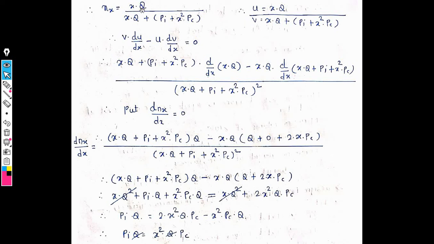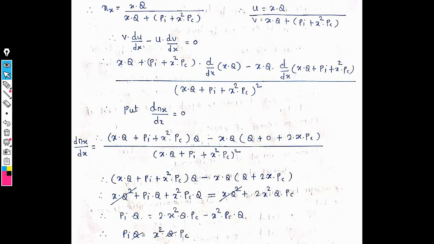Then we are using the mathematical formula, that is u upon v, that is v du upon dx minus u into dv upon dx, upon v square. Then this is the formula rearranged for this equation. Okay. Then we have taken the derivative.